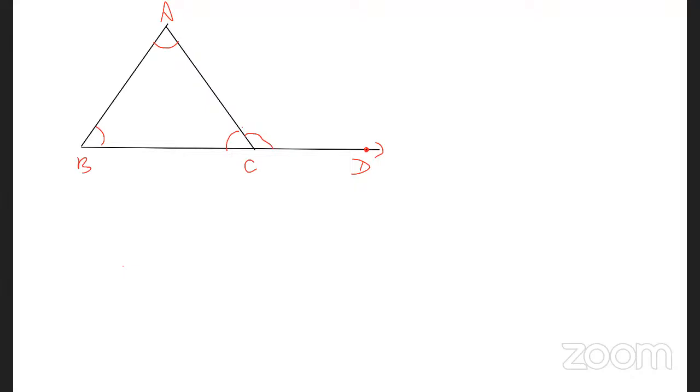Now, angle A is 70 degrees, angle B is 80 degrees. The question is, find the measure of angle ACT.